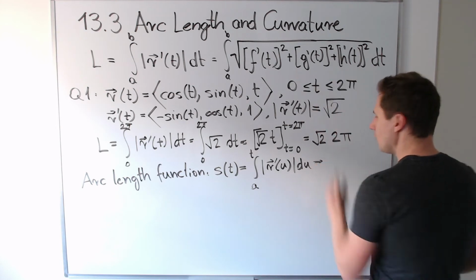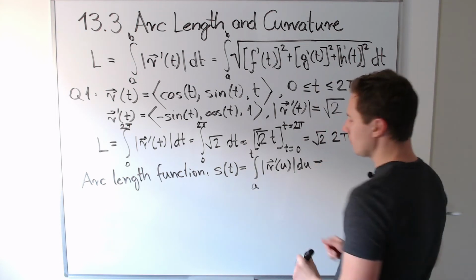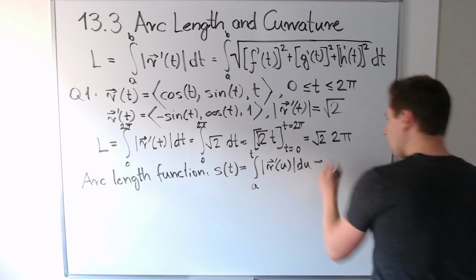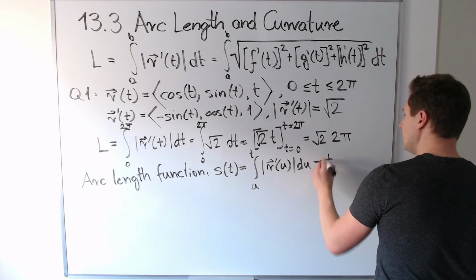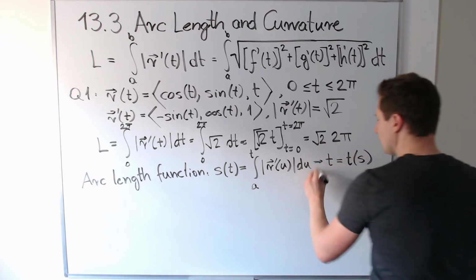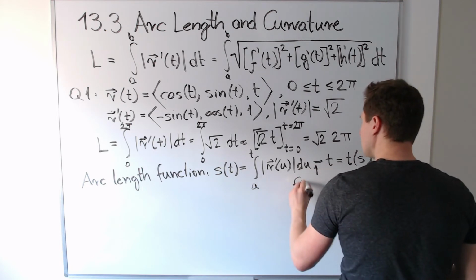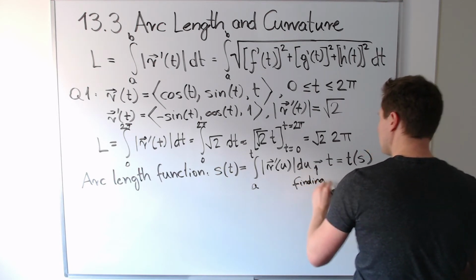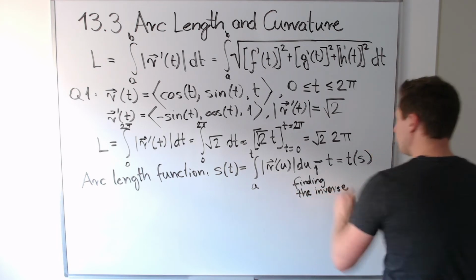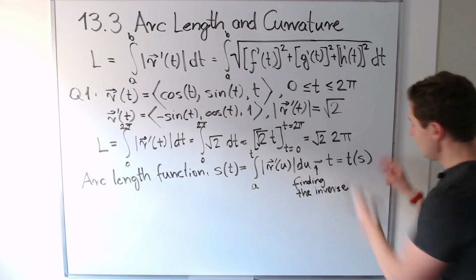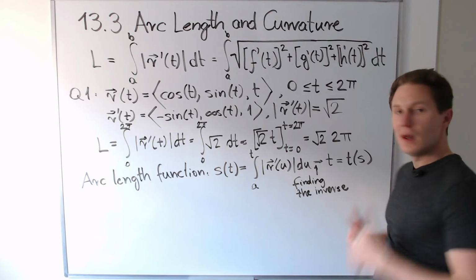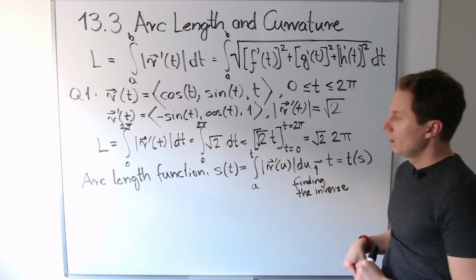Then once you have this integral evaluated, it will depend on t. So once you have that, you can actually express t as a function of s by inverting, finding the inverse function of the arc length function, and then you express the parameter t in terms of the arc length s.